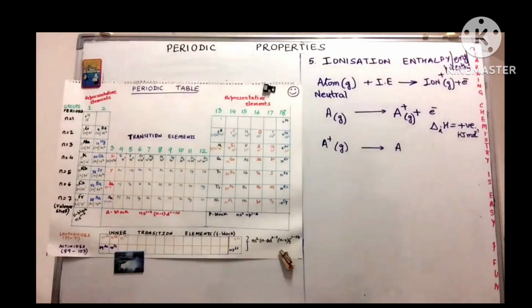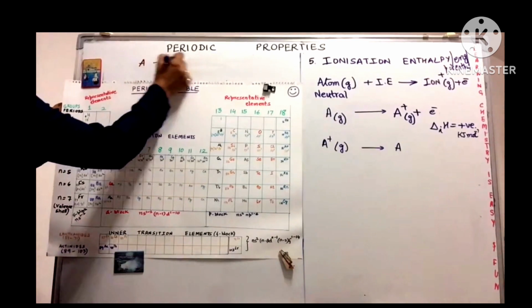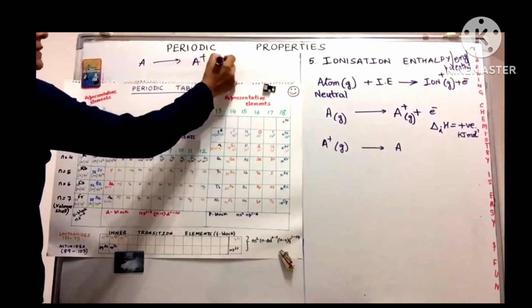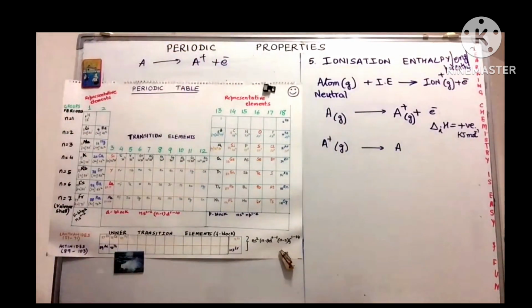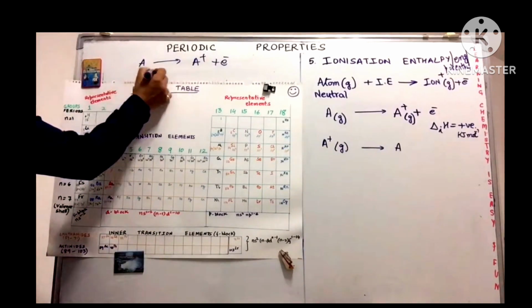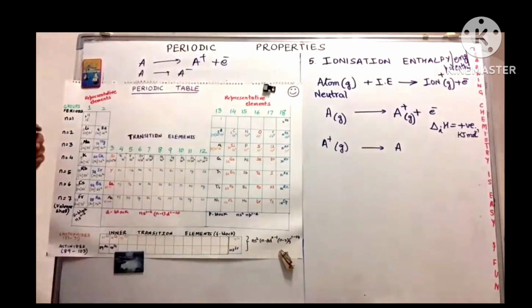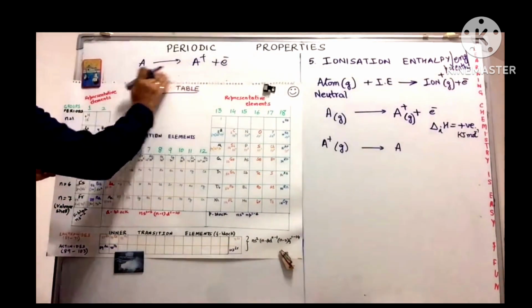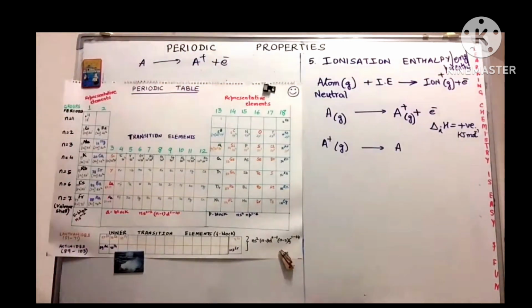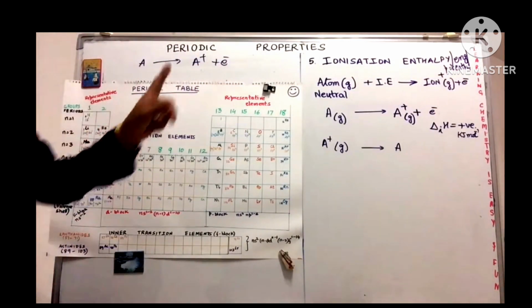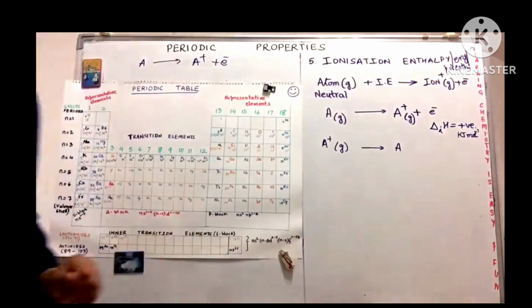Ionization means when you remove an electron from an atom. Simple. You have ionized it, you have converted it into an ion. Yes, I agree. Ionization can also be when you convert an atom into a negative ion, that is an anion. But in this case, we are specifically talking about ionization enthalpy or ionization energy in terms of loss of electron.